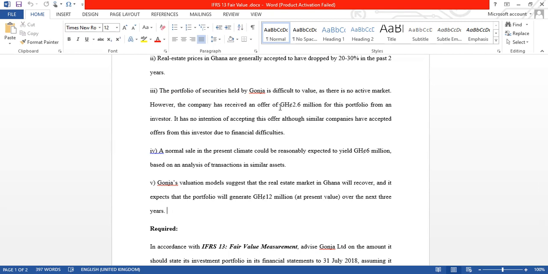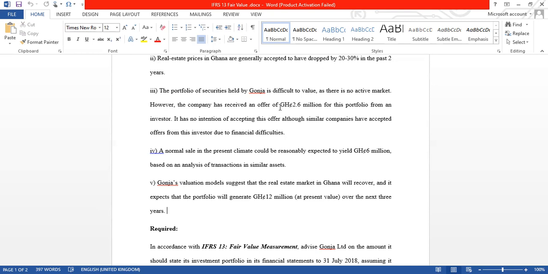Okay, go ahead. So which one will be the level 2, and which one will be the level 3 value? The normal sale in the present climate and the expected yield based on the analysis of the transaction, I think would be level 3, because they are forecasting that if it's sold, this is what they might get from the sale of the asset.